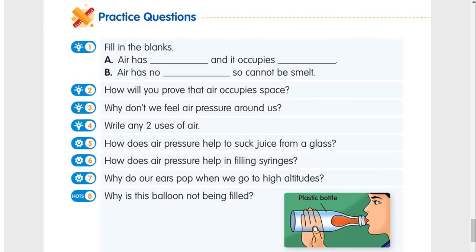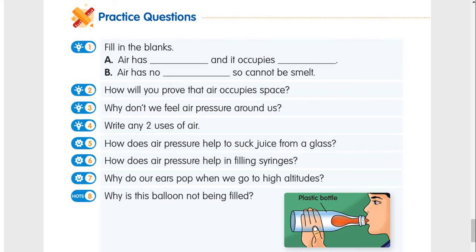Next question. How does air pressure help to suck juice from a glass? We already discussed it, right? When we suck juice using a straw, we suck the air inside the straw. This creates low pressure inside the straw.